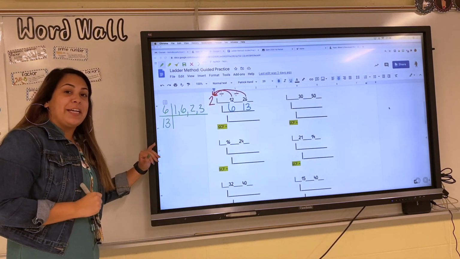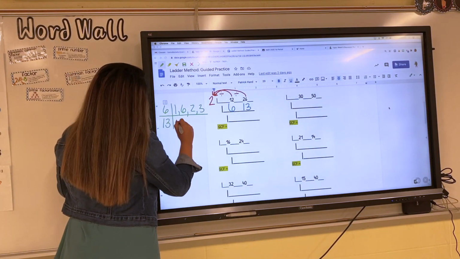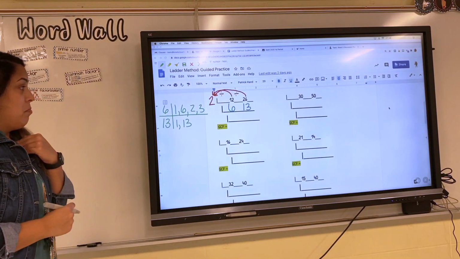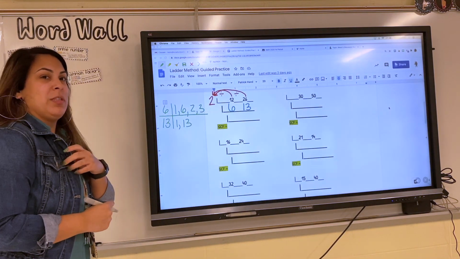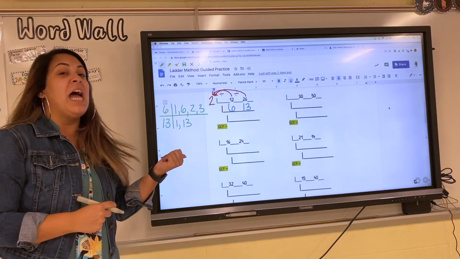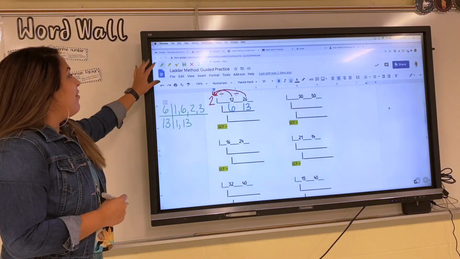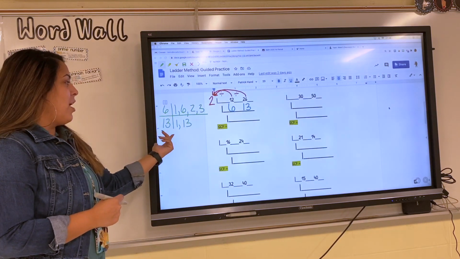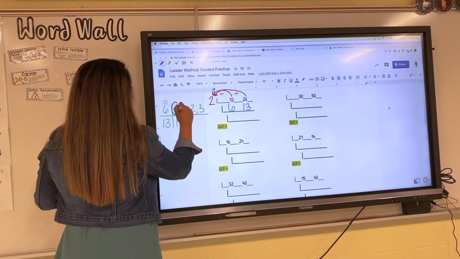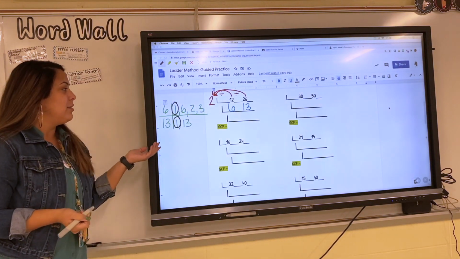Now I'm going to write the factors of 13. 1 and 13. Is there anything else that can be multiplied together to give me 13? No. So what factor do they have in common? The only factor they actually have in common is just 1.